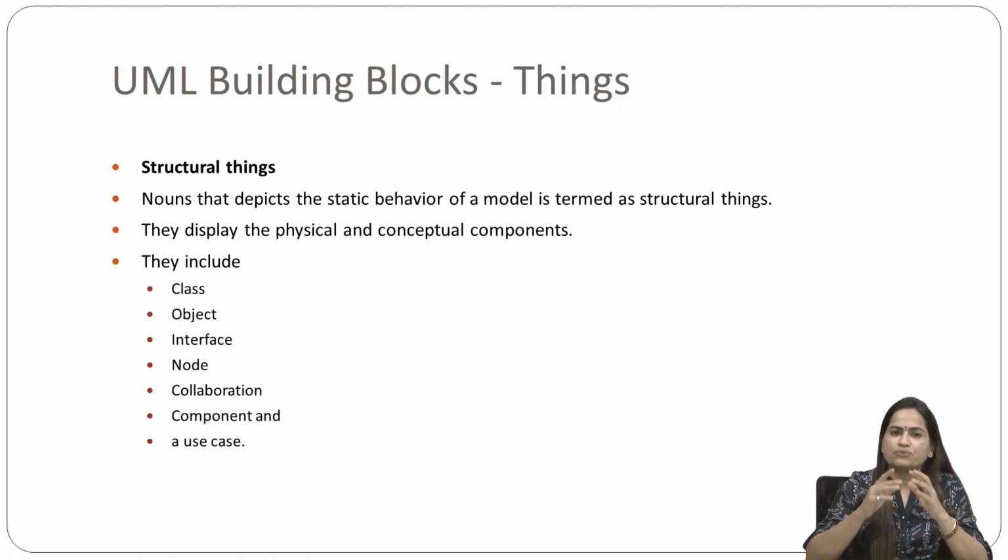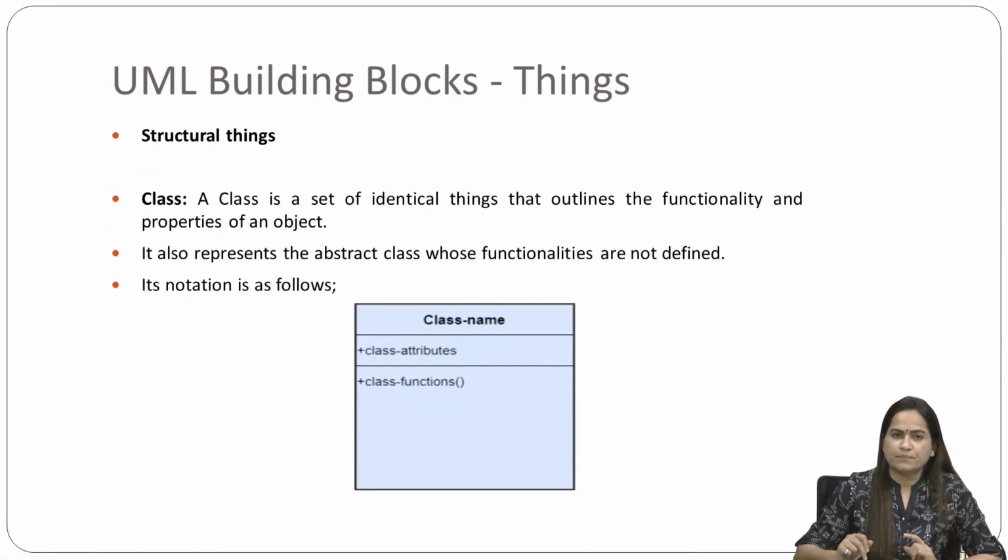They display the physical and conceptual components. The physical and conceptual components of your systems are represented with the structural things. In this, we have class, object, interface, node, collaboration, component, and use case. All these are structural things.